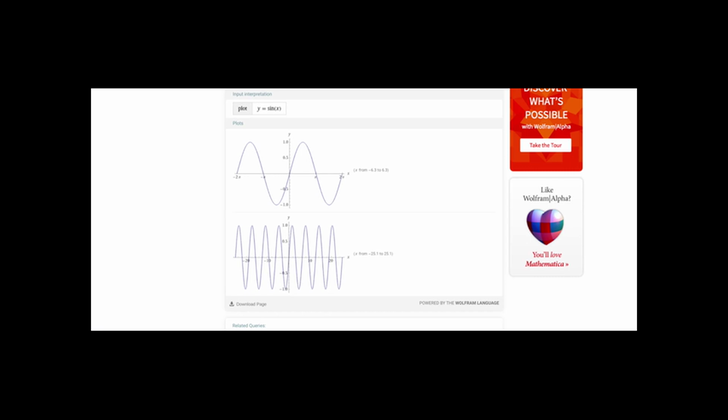The speed is 1 meter per second, and I have time t. Can you tell me what is the distance traveled? Let's say the x-axis is time, and the y-axis is how far it is from where it started.